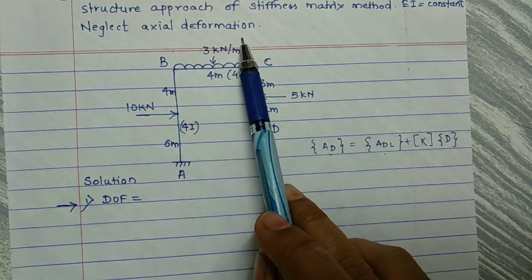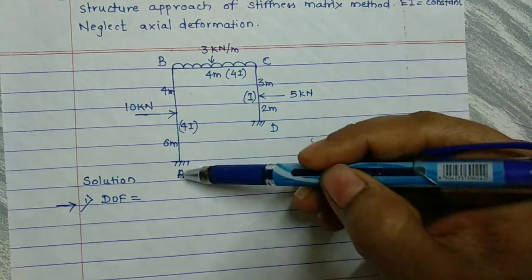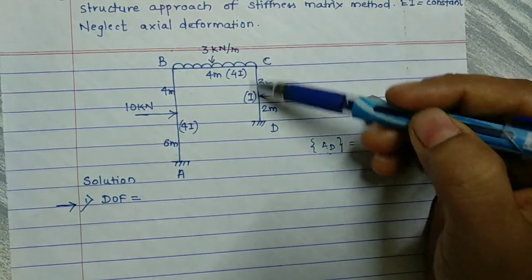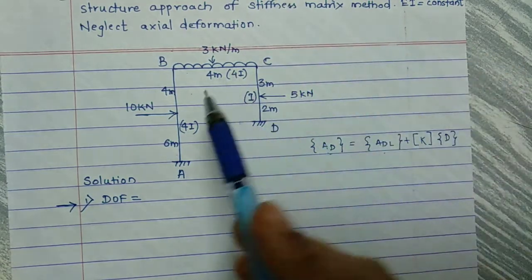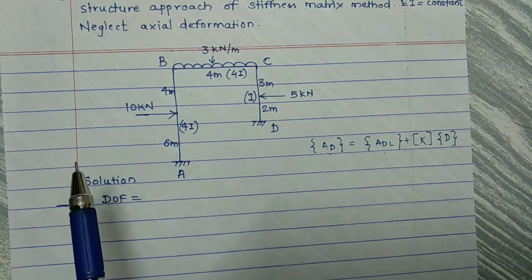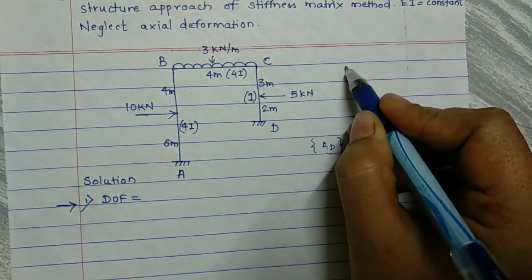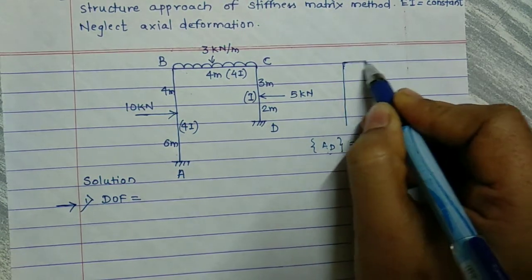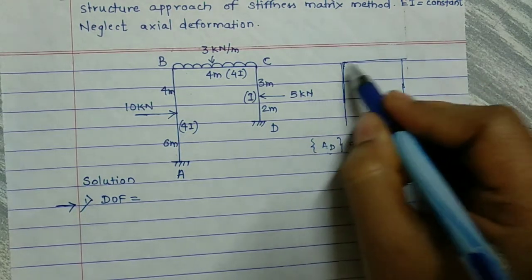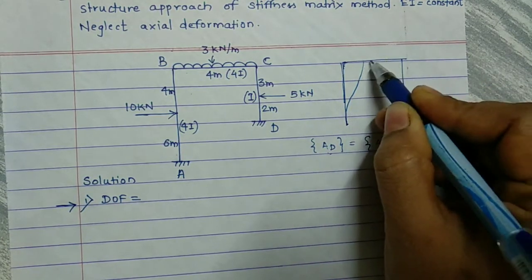Neglect axial deformation. That means the axial deformation of the column AB and of column CD in the vertical direction, and the axial deformation of the beam in the horizontal direction, is neglected, whatever delta we are taking here. I'll draw the figure again for the frame. When this frame gets deflected, it will deflect in this way.